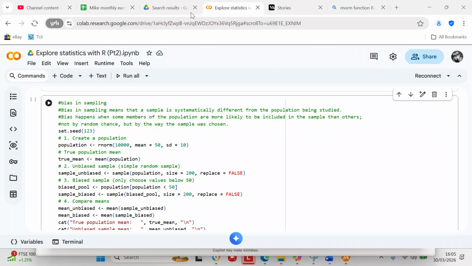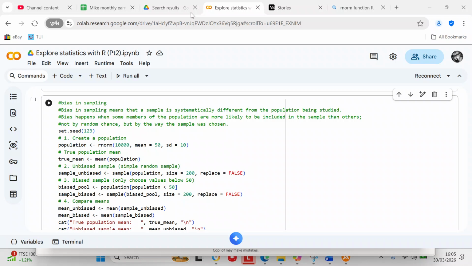The reason why is because you're only sampling that proportion of the population that eats at the cafeteria, and you're not sampling the portion of the population that doesn't eat in the cafeteria. So that is an example of bias in sampling.